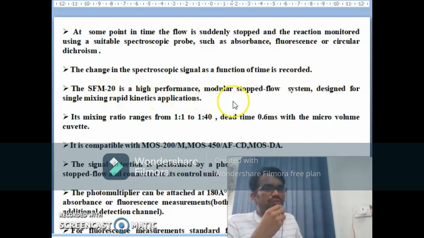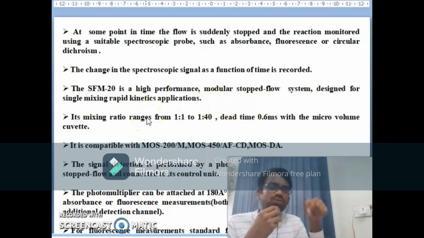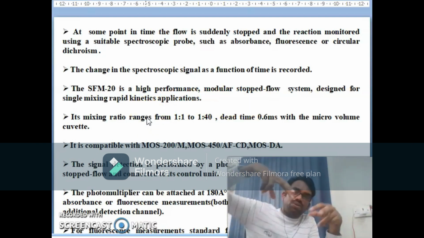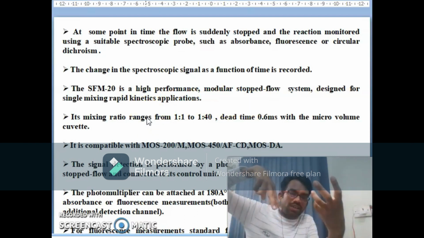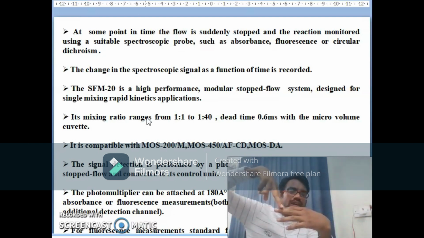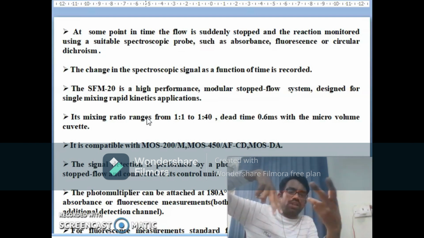The SFM20 is a high performance modular stopped-flow system designed for single mixing rapid kinetic applications. If you have a question about the mixing ratio of the A and B solutions, you can follow a ratio of 1:1 up to 1:40.